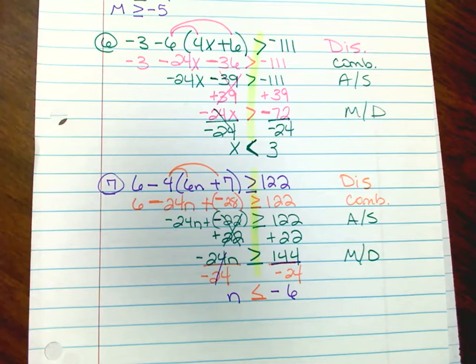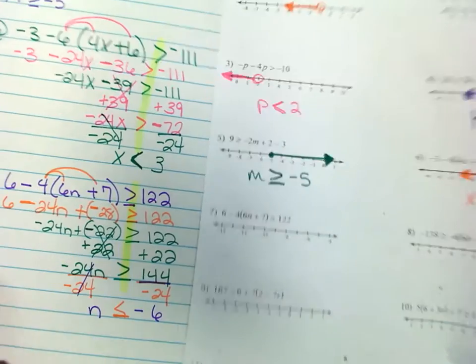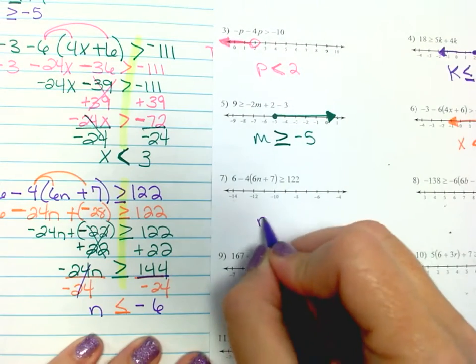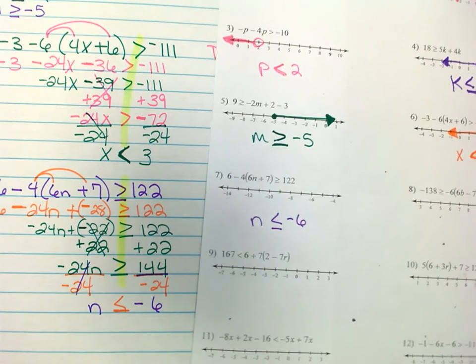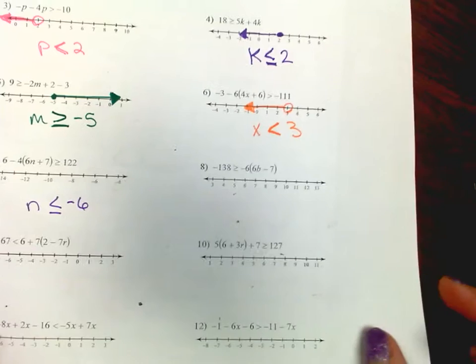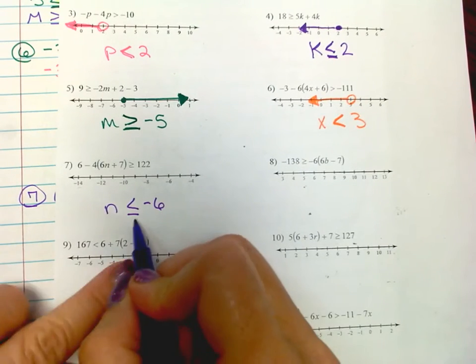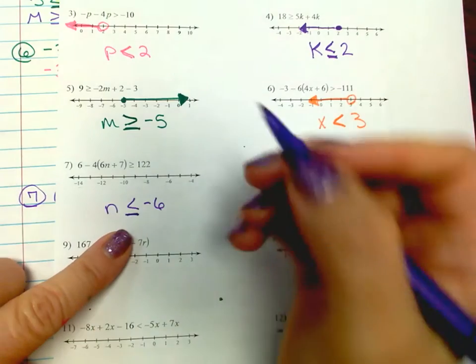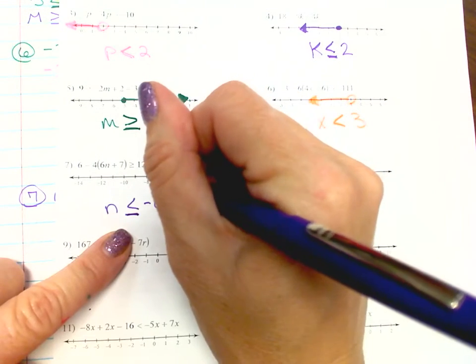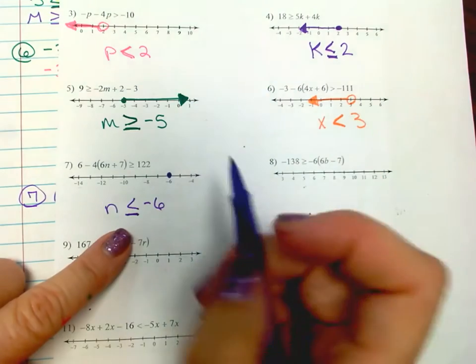We look at our graph. N is less than or equal to a negative 6. Can n be negative 6? Yes, because that little line tells us it can. So it's filled in because it can be negative 6.